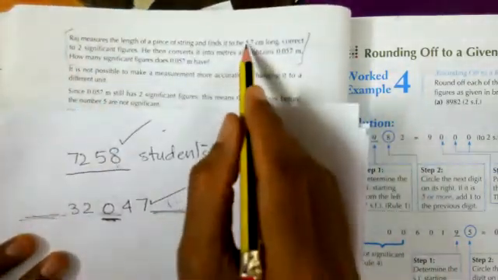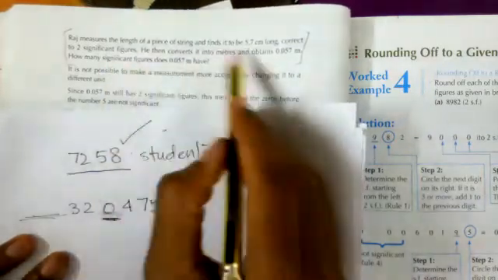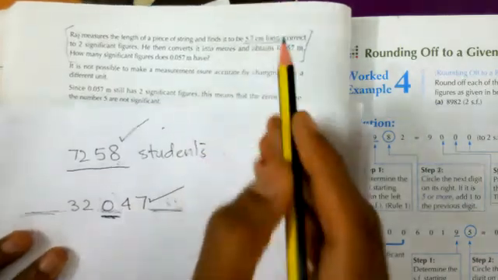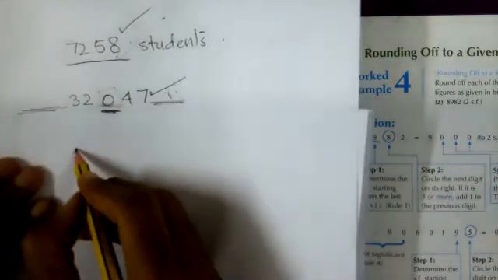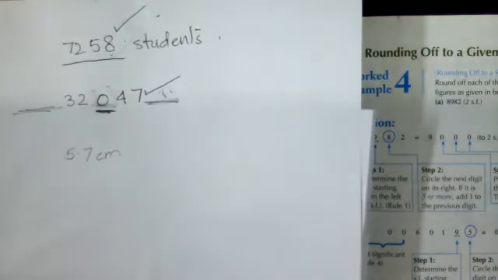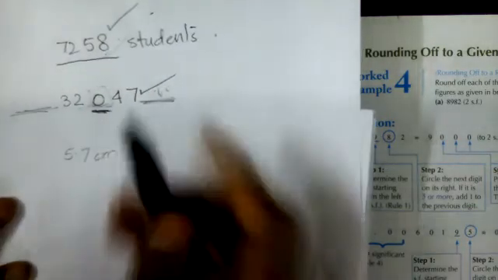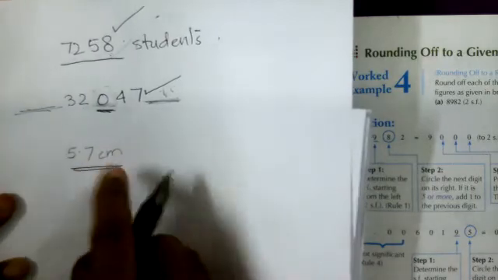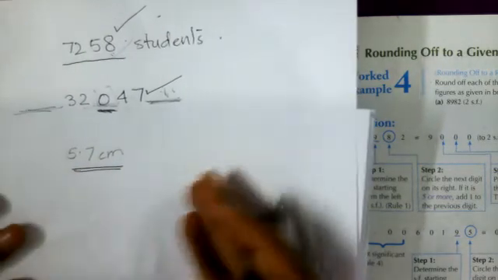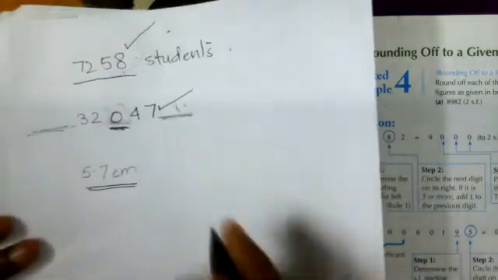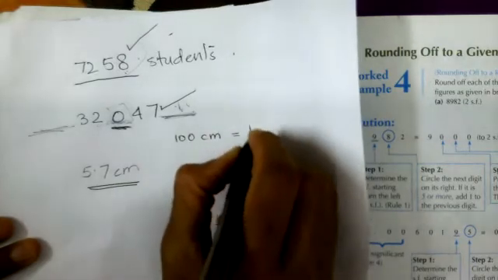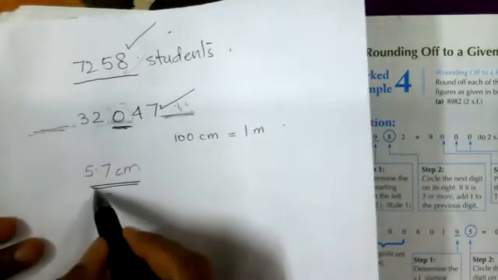For example, if I measured something and it was 5.7 centimeters long. Let me use a marker. Now, if I convert this into meters, if I say I need the measurement in meters, then since there are 100 centimeters in 1 meter, I will divide this by 100.